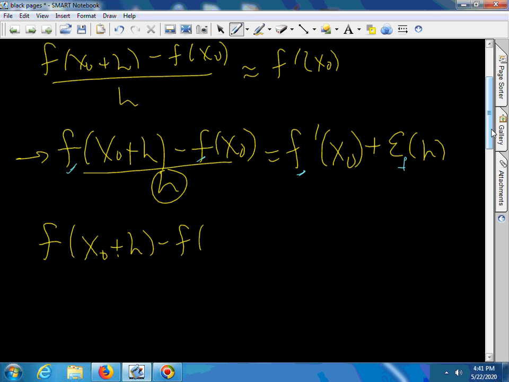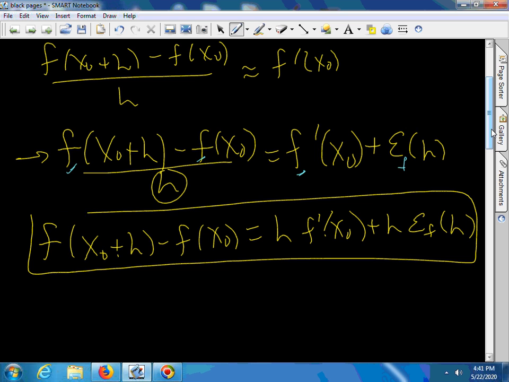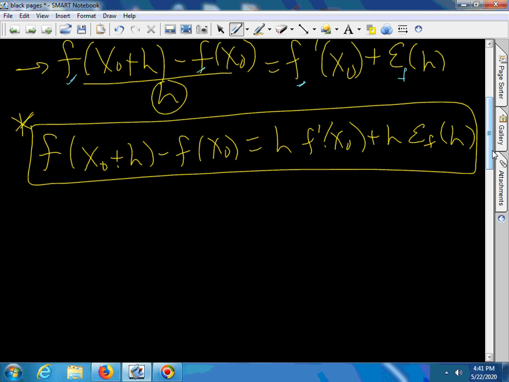Okay? Now, solving for the numerator here, that is, multiplying both sides by h, we're going to get this. And we're going to use this fact all over the place. This here is key. Okay. Now, I need to do the same thing for g. And there's the reason.